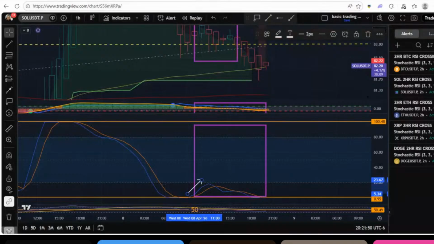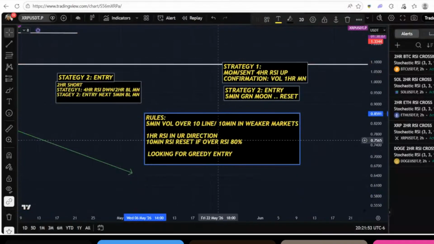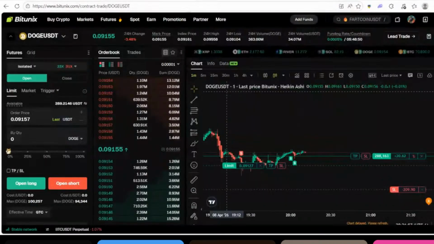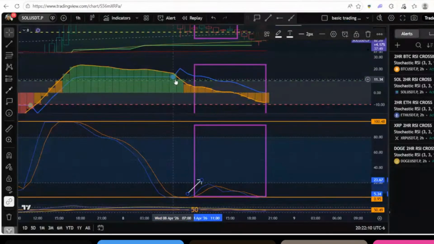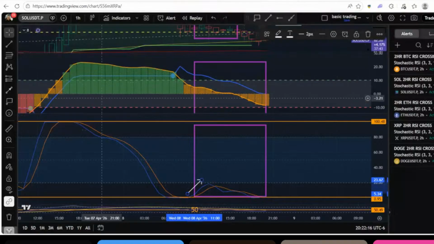So there's off his checklist. There's part of his checklist: 1 hour RSI in your direction, 10, 15 minute moon in the reset. So we got to add the other part, because part of the trades that we do is we don't take longs unless there's a 1 hour green moon, right? And we have a blue moon here, right? So this is where understanding the moon indicator and its value matters, and this is good for you guys in the Discord.